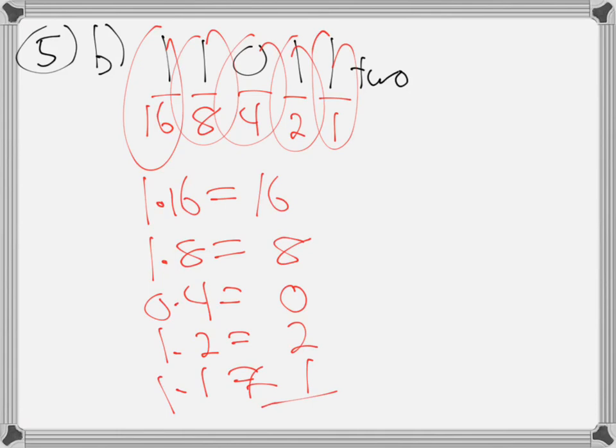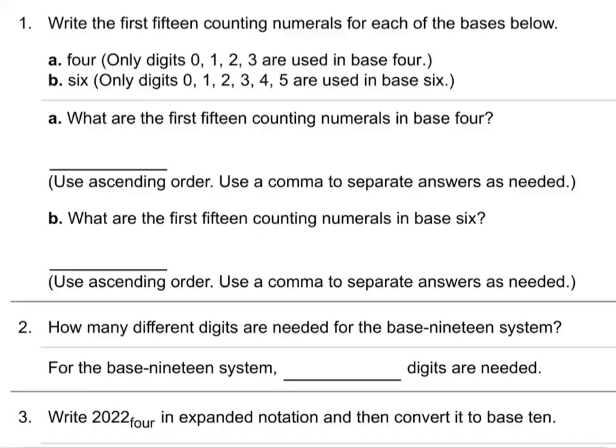Add them up. 27. That's the number 27. Kind of weird, huh? It's a big number to say 27. That's the same as a normal base 10, 27. That good? This making sense? Questions on that one?